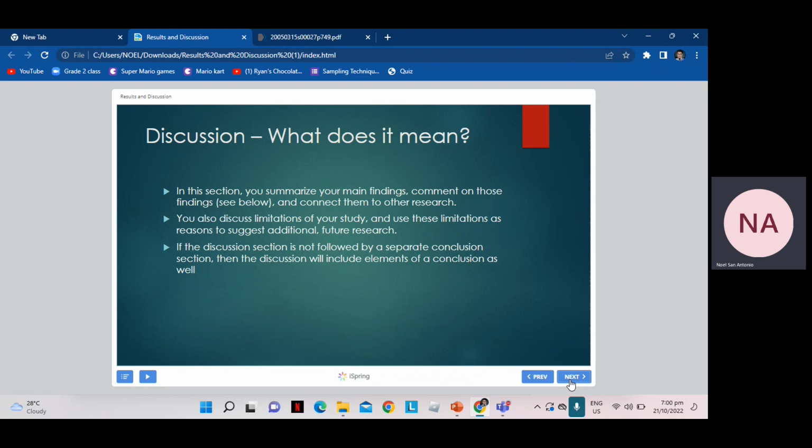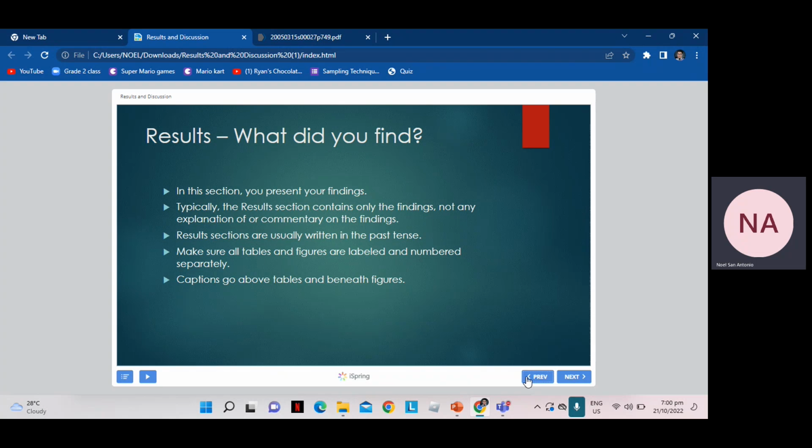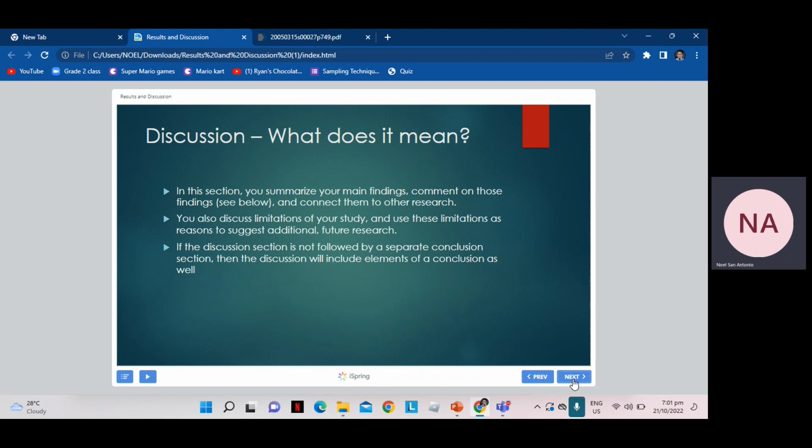Kaya hindi kailangang i-explain and to comment on your findings, because the explanation and commentary to your findings will be done in the discussion section. So the discussion section answers the question, what does it mean? Sa results, what did you find? In the discussion section, what does it mean?